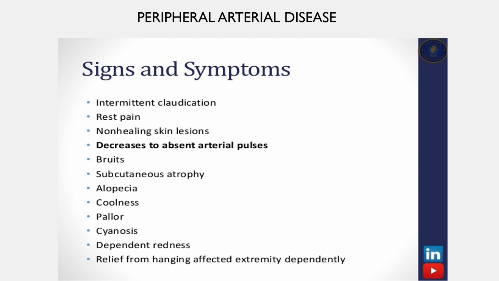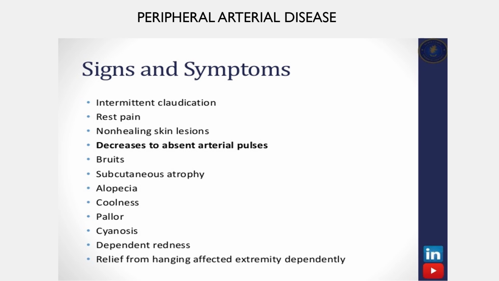Bruits just mean sometimes we can hear a murmur over where it's partially blocked because the blood flow is very turbulent there. It's not a nice smooth blood flow. So as the blood is trying to get around this partial blockage, it's turbulent, and we can hear it as a bruit.